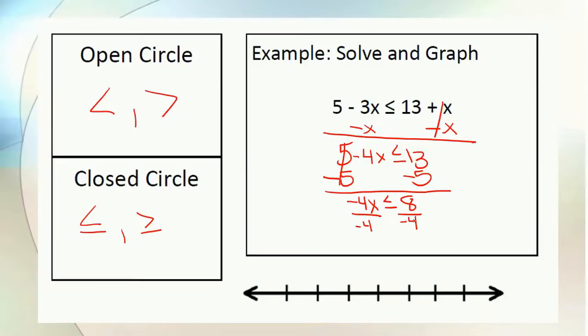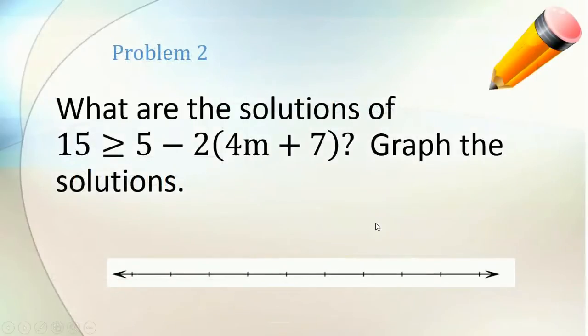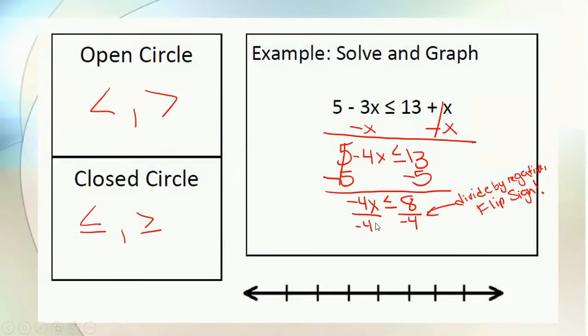Now, dividing by negative, right? So, divide by negative, flip sign. Okay, whoops. Going forward all today. There we go. X is greater than or equal to negative 2.